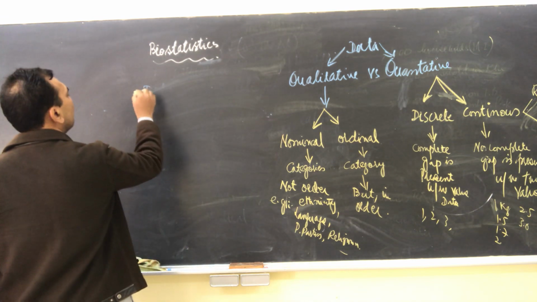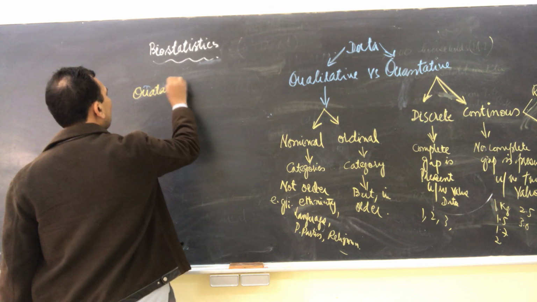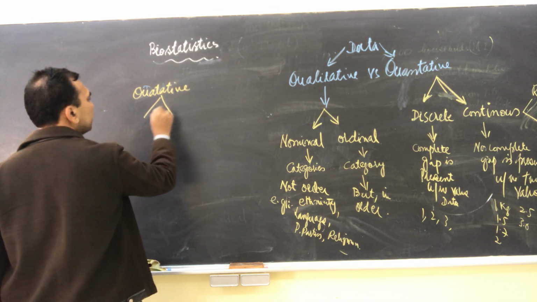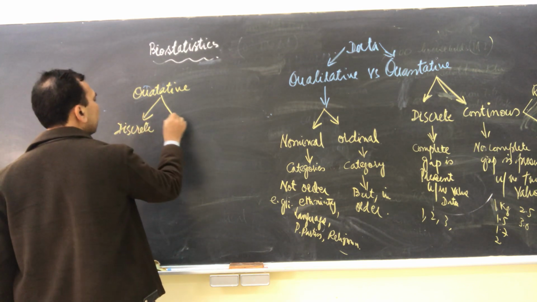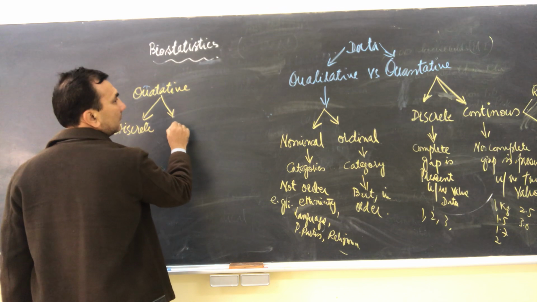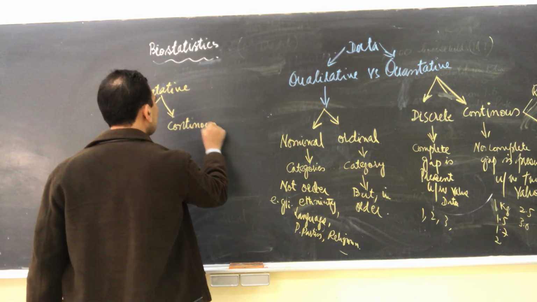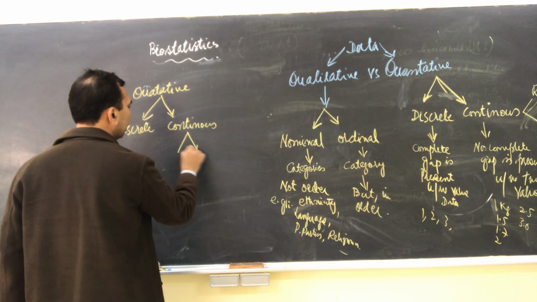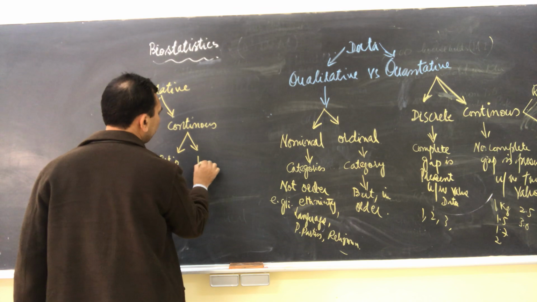In the quantitative data there are two types: one is called discrete, and the second is called continuous. But continuous is further divided into the ratio and the interval.